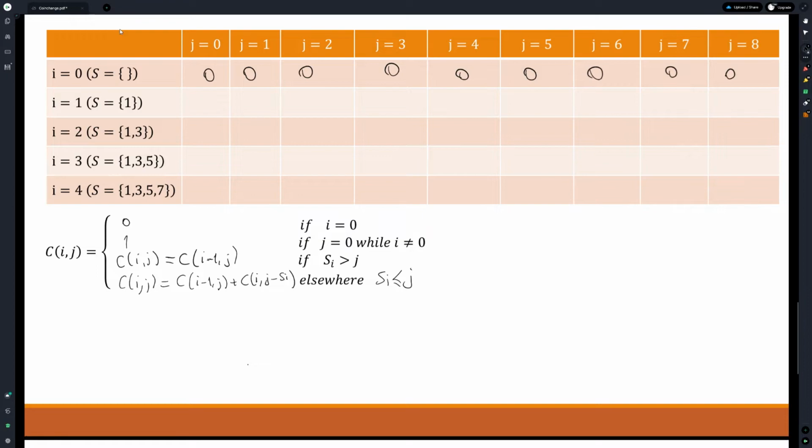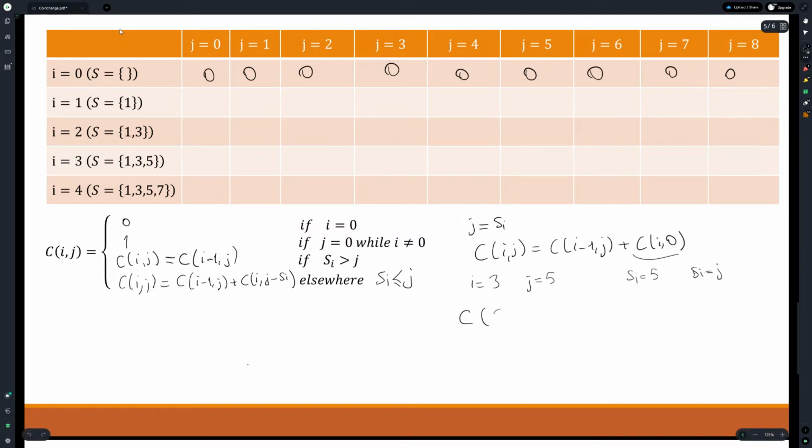Why? If we get j equals Si, this is the case of j equals 0. If I equals 3 and j equals 5, that means Si equals 5, and so Si equals j.